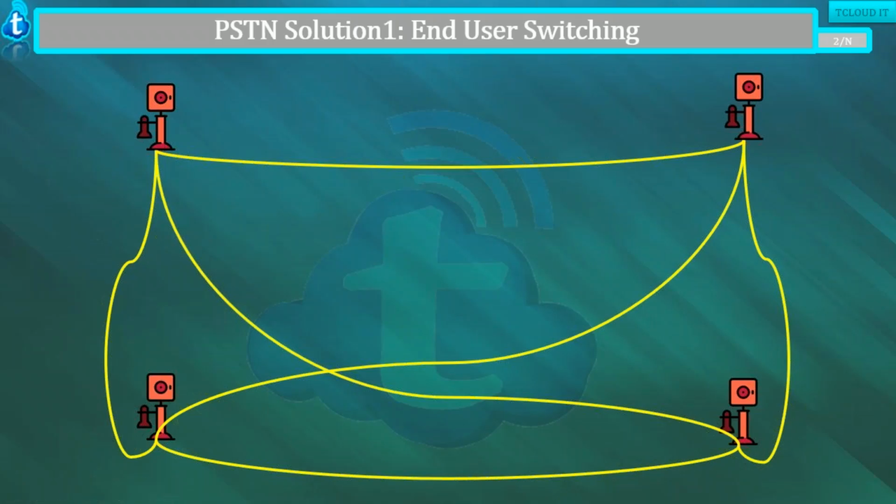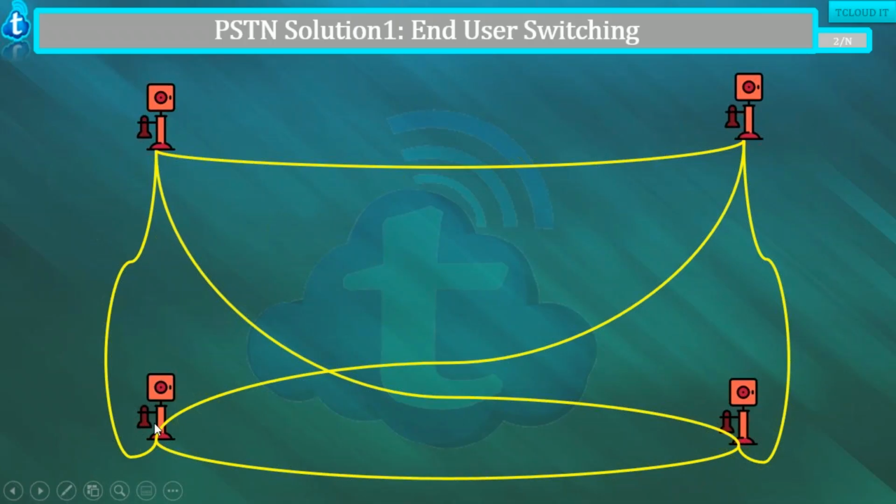So basically, the end user decides what wire should be connected. Based on which wire is connected, you will know which other human being, present with the other devices, he is willing to communicate with. For example, if you connect this wire, the communication will happen between this device and this device. If you connect this wire, you go here. If you connect this wire, you go here.